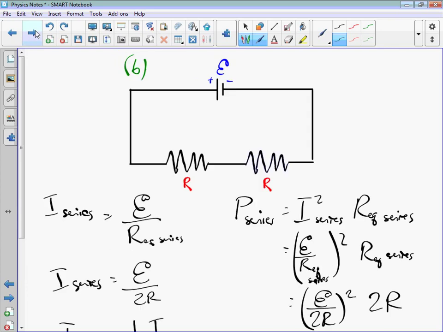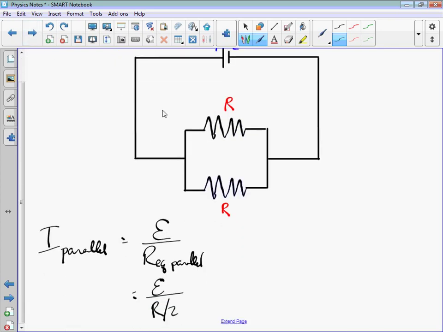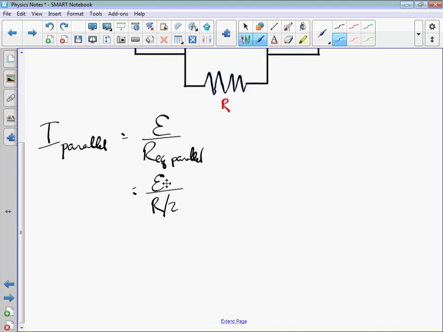It was E over R. So how does this relate to E over R? Pretty closely. Divided by 2 puts 2 on the top, so 2 times the current on one bulb. By putting them in parallel, the equivalent current in parallel is twice that. Pretty nasty, but it'll work.